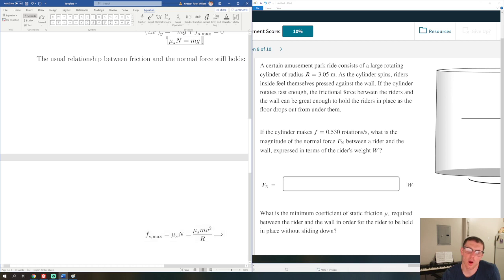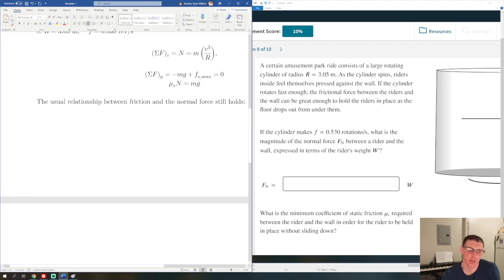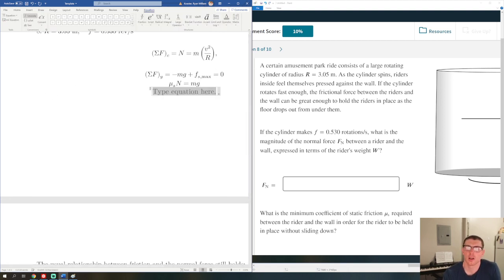So what we would do then is, I might actually just get rid of this because this is kind of what we want to focus on. Let me not get rid of it. Let me just continue writing here. Mu sub s, so we're kind of solving out of order here, right? But that's fine. Equals m v squared over big R, which is mg.